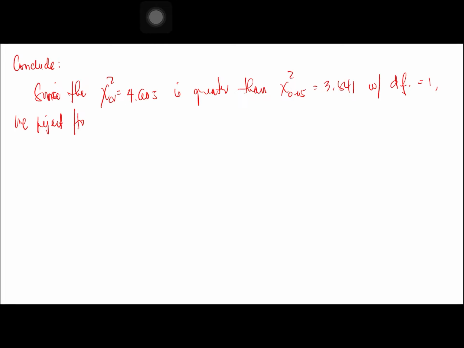By the way, what is our null hypothesis here? Their responses are not homogeneous. Of course, our HA is that the responses are homogeneous. So here, we reject our null hypothesis.